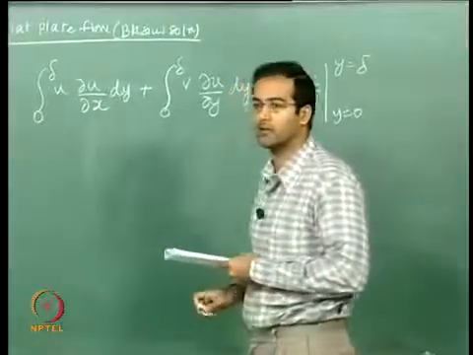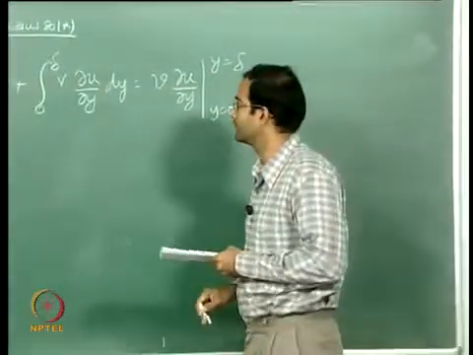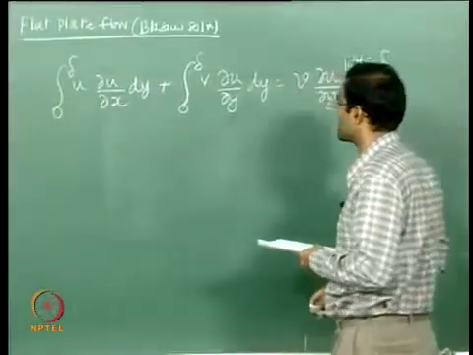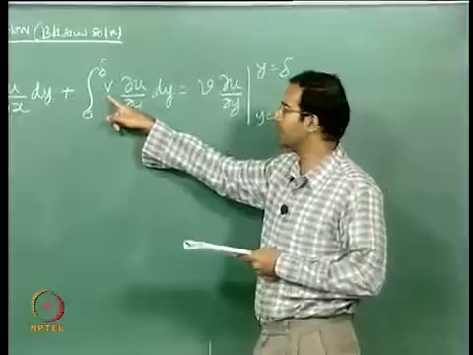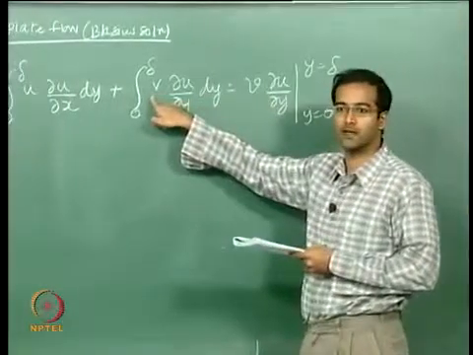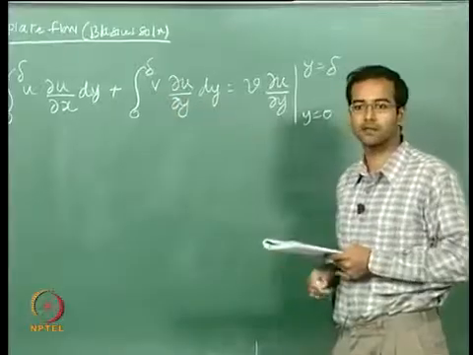If you integrate it out, you directly reach this particular form. What I am going to do now is a little bit of jugglery here to eliminate v and construct that in terms of u. So how do I do that?